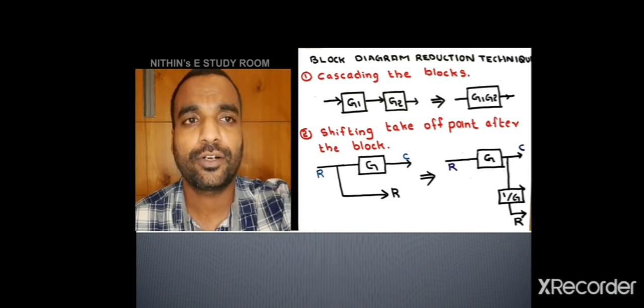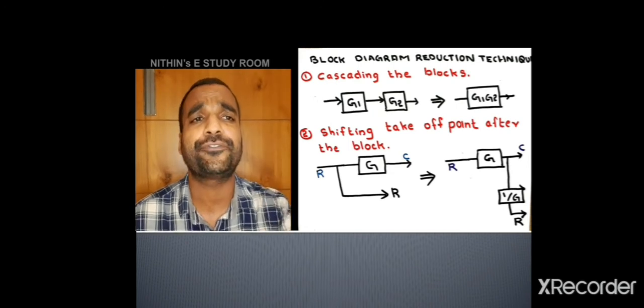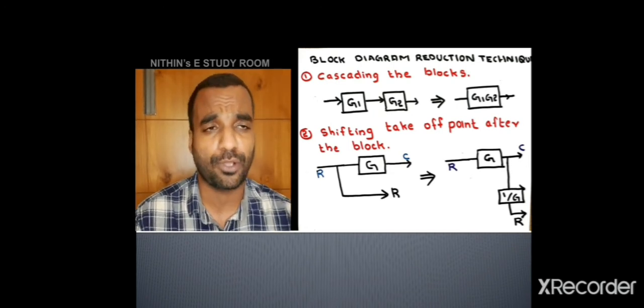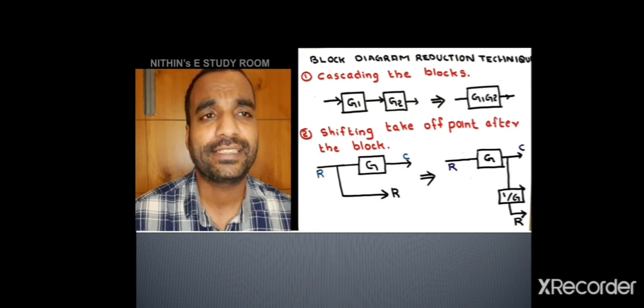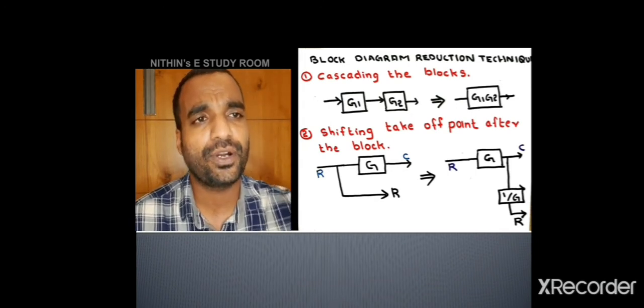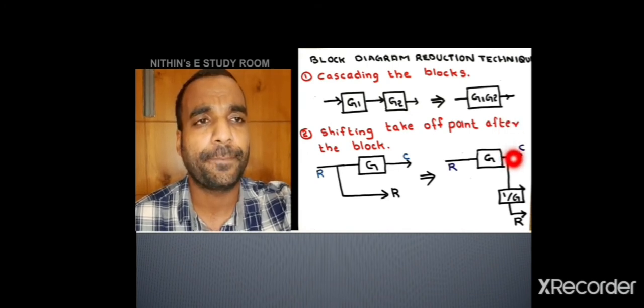So, now the takeoff point is connected here, and you want to move it to here. So, you are going to shift the takeoff point after the block. You can see in the next figure, you have done the task and transferred the takeoff point to a point just after the block.